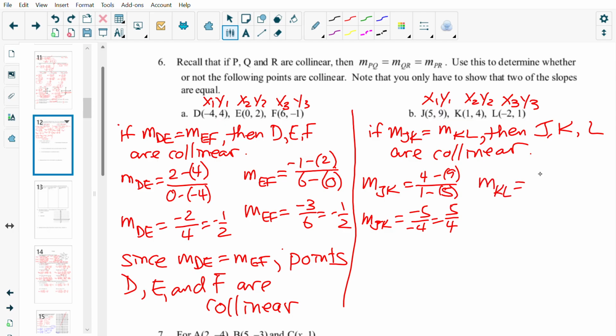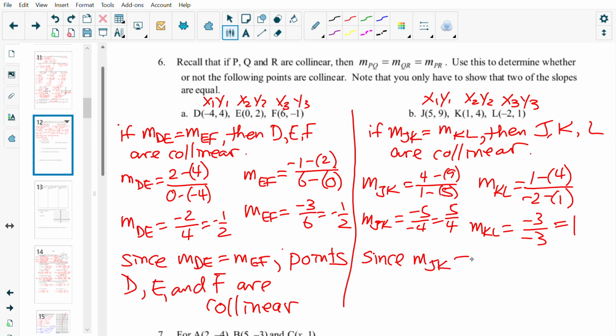Let's check slope of KL. That is 1 minus 4 over negative 2 minus 1. Slope of KL is negative 3 over negative 3, and that is a slope of 1. Let's make a statement.